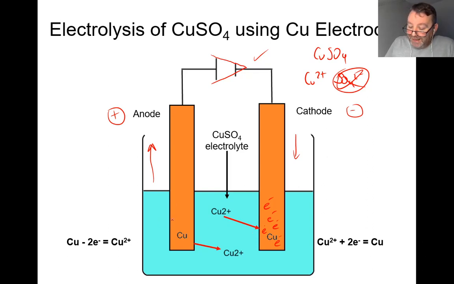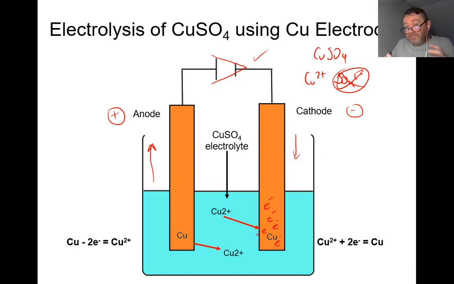What happens on the anode side is that the copper is stripped of 2 electrons. So copper metal loses 2 electrons here and becomes copper ions. And the copper ions can no longer remain part of the elemental copper, so they fall off into the electrolyte. Then they travel over here to the cathode, where they pick up 2 electrons again and become copper metal.